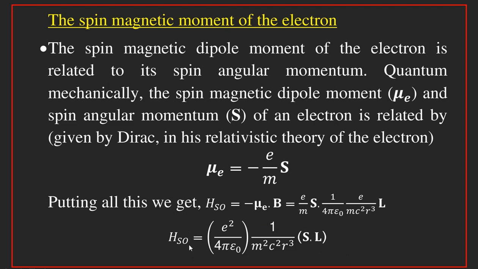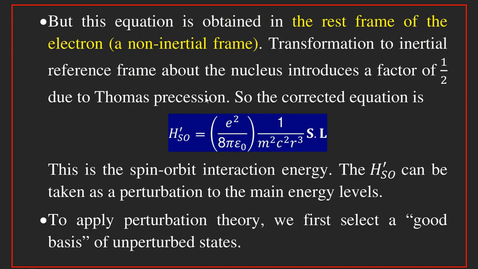So H_SO, or the spin orbit interaction, introduces this much amount of energy. It is an operator S dot L. This equation is obtained in the rest frame of the electron. We have found the magnetic field B produced by the orbiting proton in the rest frame of the electron. It is not an inertial frame.